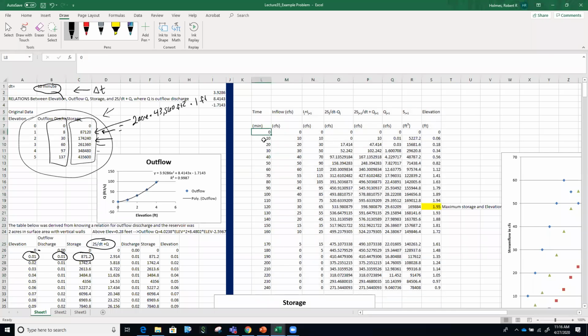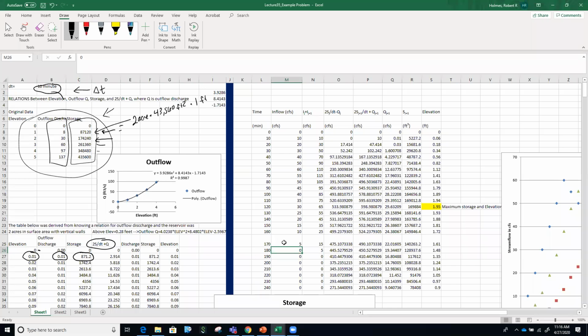The first column, column L, is the time in minutes. You'll notice that I gave you an inflow hydrograph. This is given to you, or you might have derived it using unit hydrograph methods, but in this particular problem it is given. It goes up to a maximum value of 60 CFS at 60 minutes into the storm, down to a value of 0 at 180 minutes.